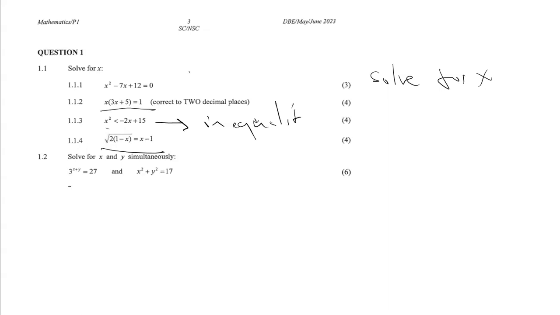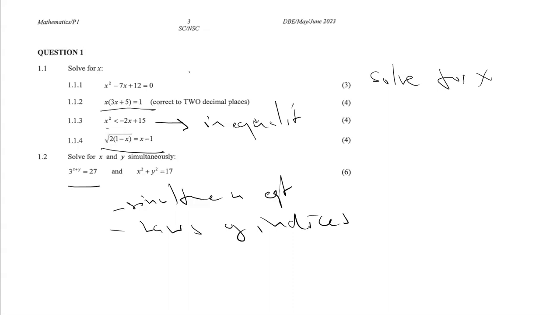So this one says 3 to the power x plus y equals 27 and x squared plus y squared equals 17. So this is a simultaneous equation, and here we also have some laws of indices that we need to consider.